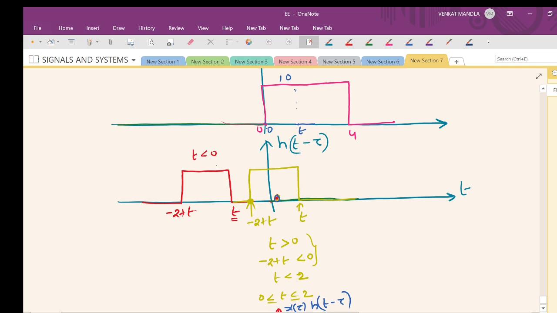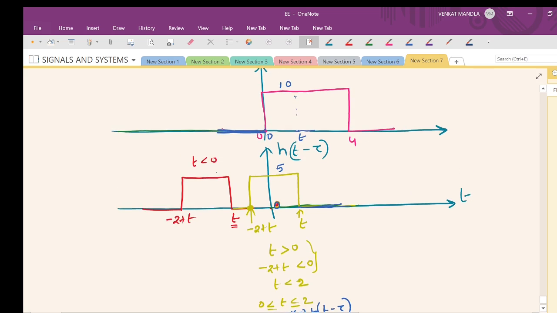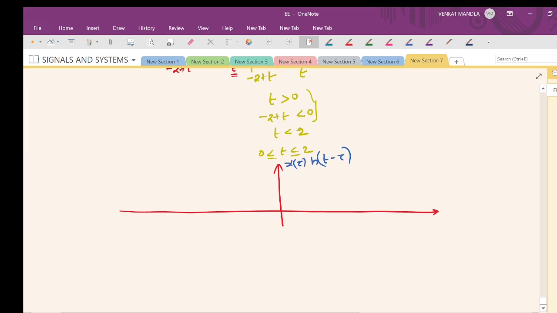This value is 10 and this value is 5. If you multiply these two, you will get 50 from 0 to t. Below 0 it is 0, because anything multiplied with 0 gives 0, and greater than t it is 0. So only from 0 to t the signal exists, and that is 10 into 5, which is 50. That I will draw here.